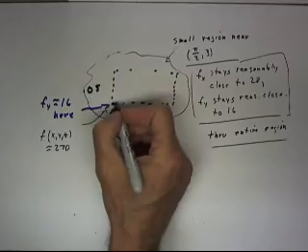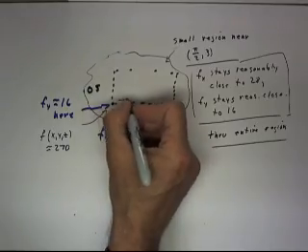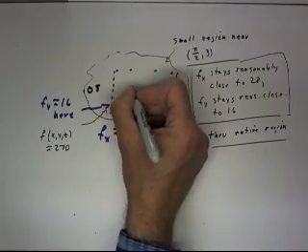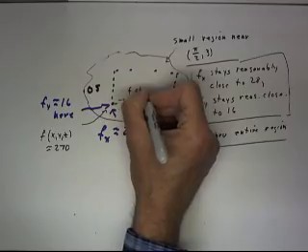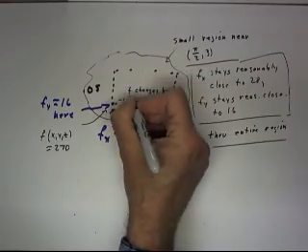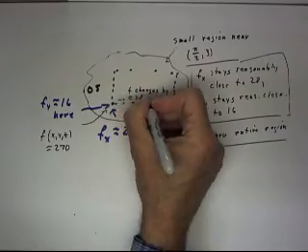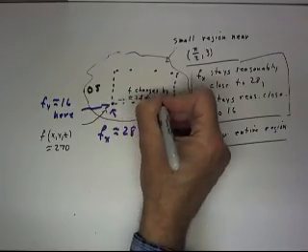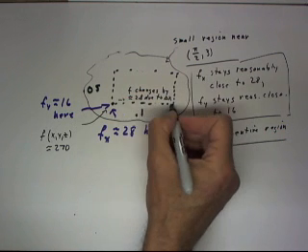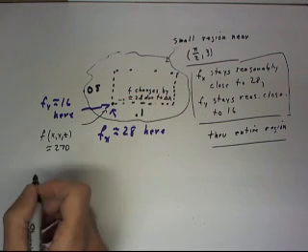That means that as we move from here to here, F changes by about 2.8 due to our change in x, delta x being 0.1.